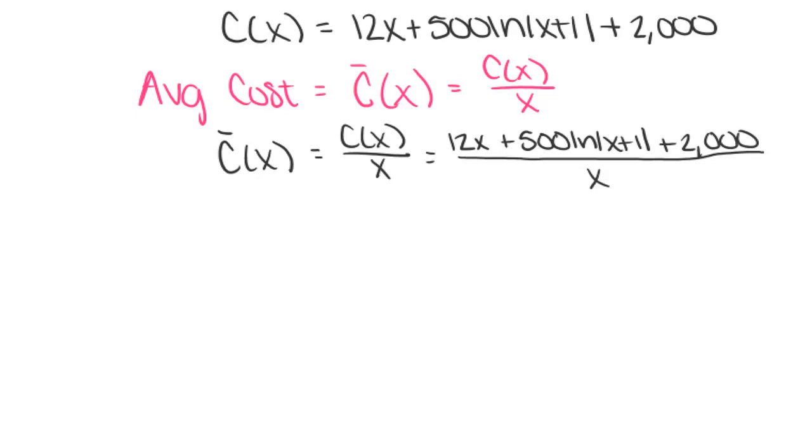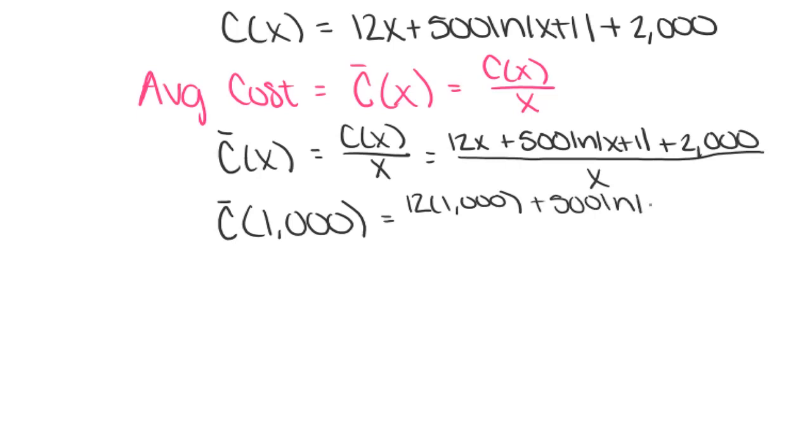So now that we have that value, it's just asking for the value of this function at 1,000. That's all it's saying here. So we want C bar at 1,000, which is 12 times 1,000 plus 500 natural log of 1,001 plus 2,000. About to run out of room.